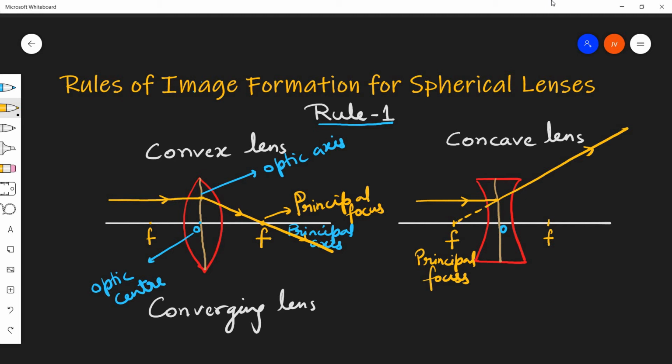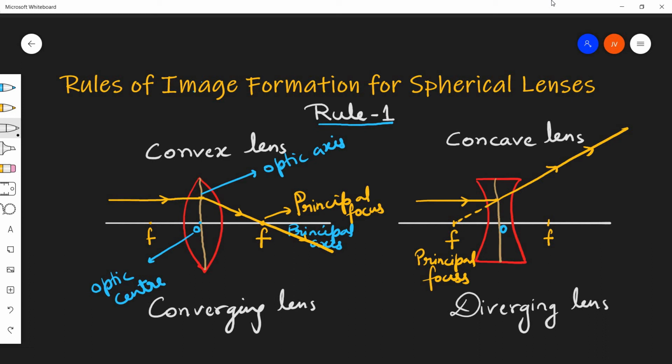Now if we have a number of parallel incident rays, then all those rays will appear to diverge from the principal focus. In case of concave lens, a parallel beam of light rays after refraction appears to diverge from a point on principal axis called principal focus. So concave lens can be called a divergent or diverging lens.